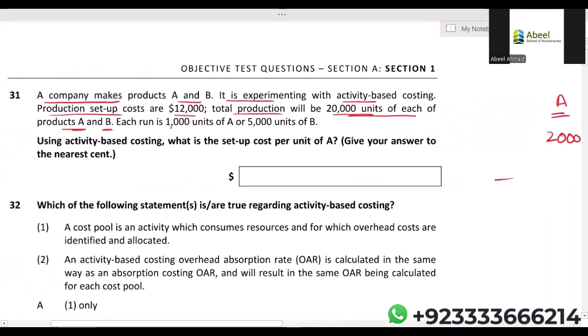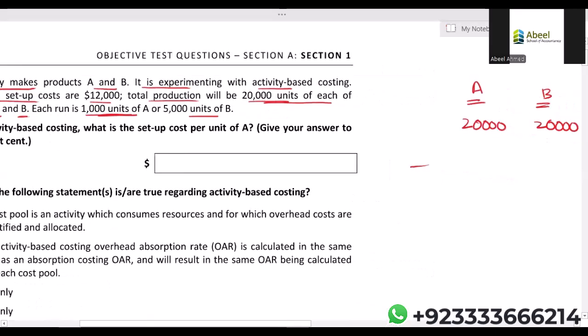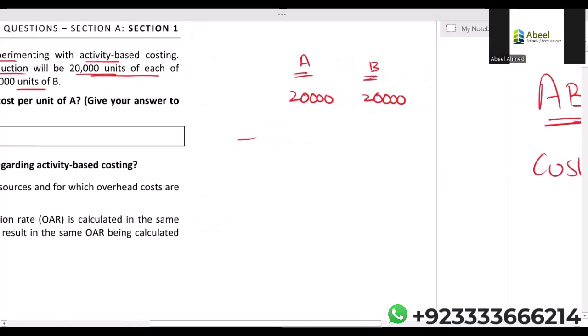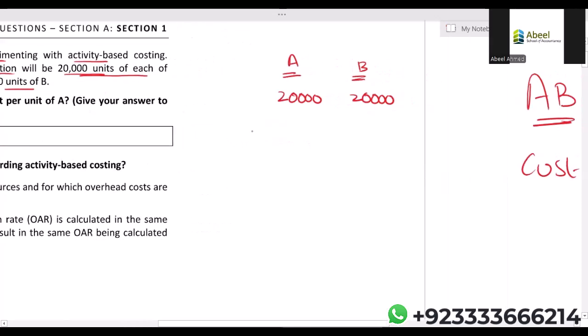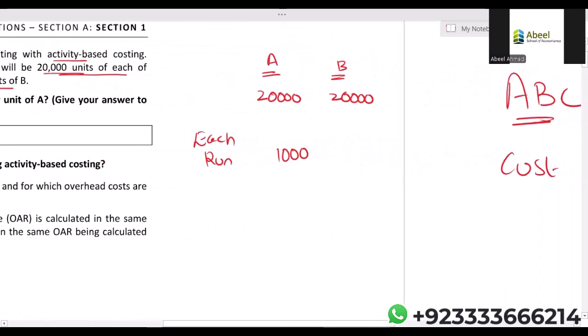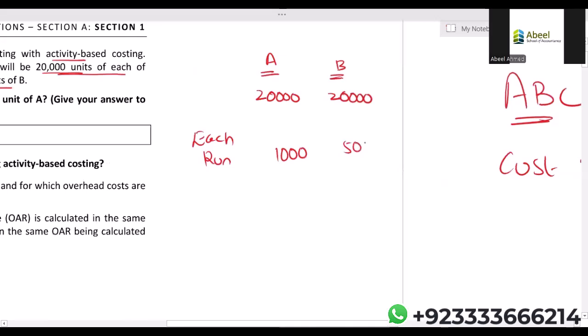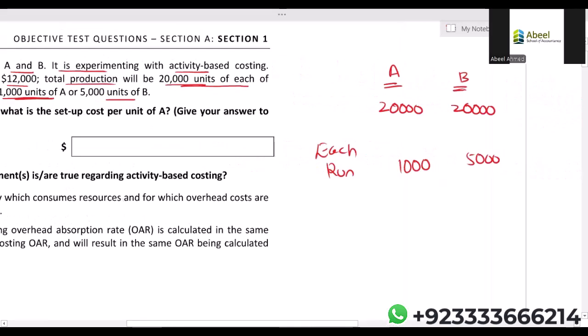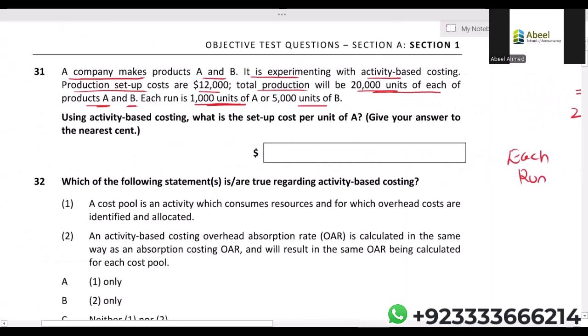Each run is 1,000 units of A and 5,000 units of B. Now what are they asking?